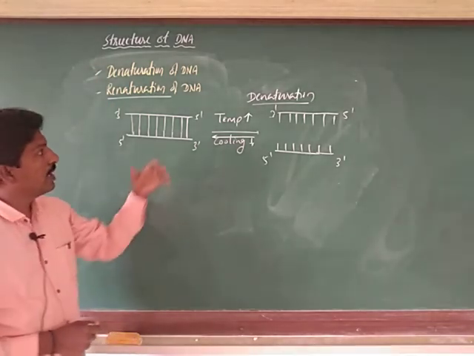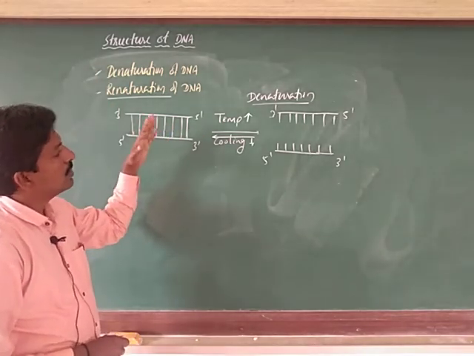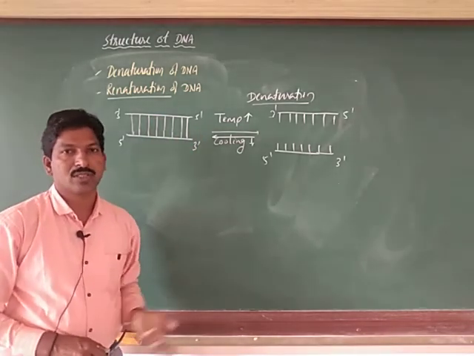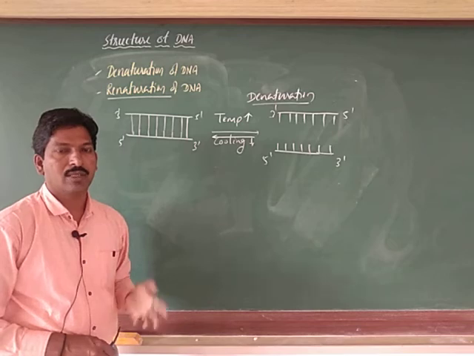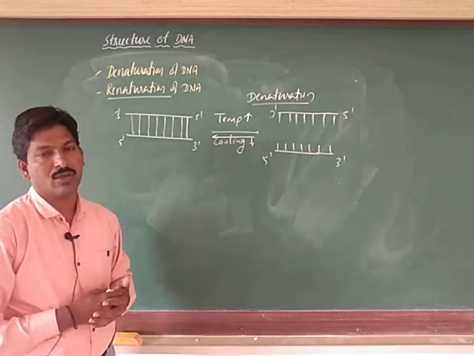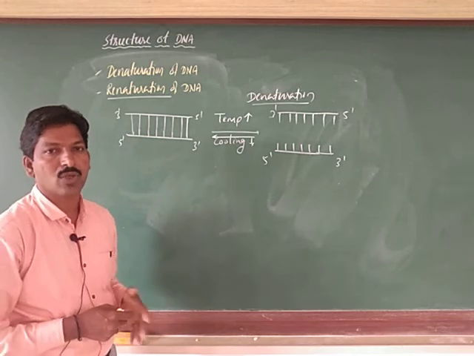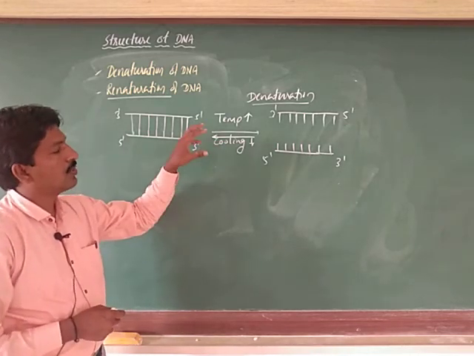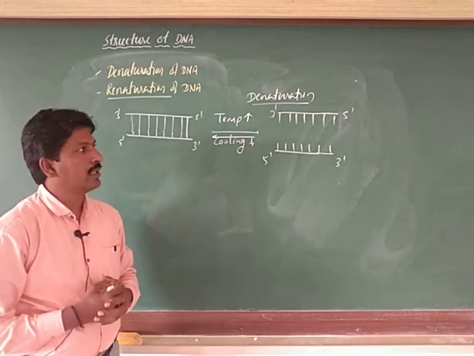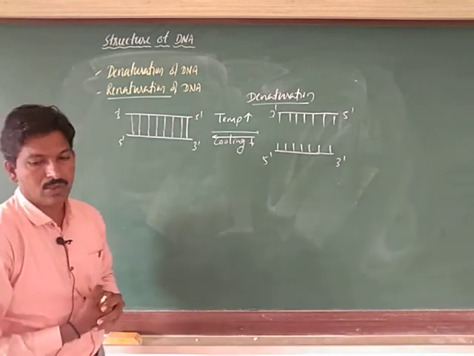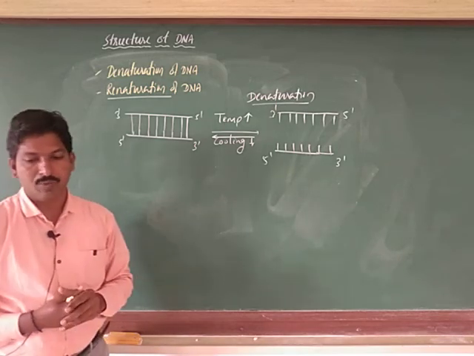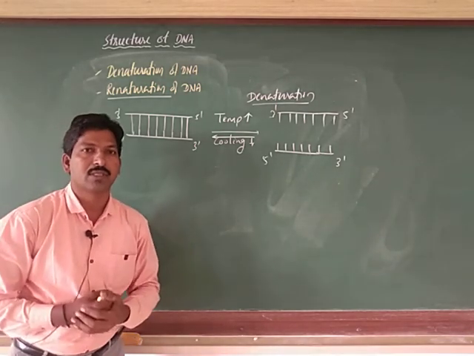When we give more temperature, even phosphodiester bonds are broken, and the backbone of the DNA may be destroyed completely. So that's why a prescribed temperature and prescribed cooling is required for these processes. Okay. So next, central dogma will be discussed in the next video.